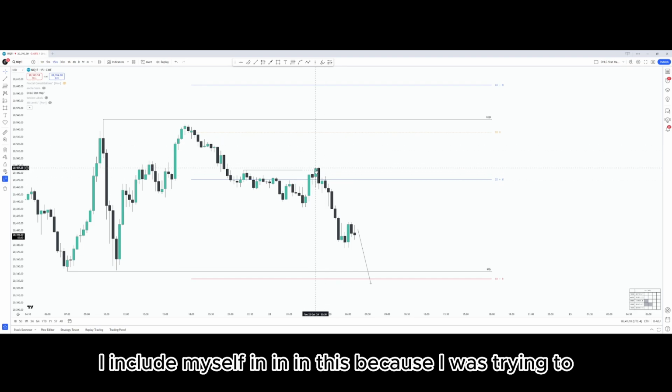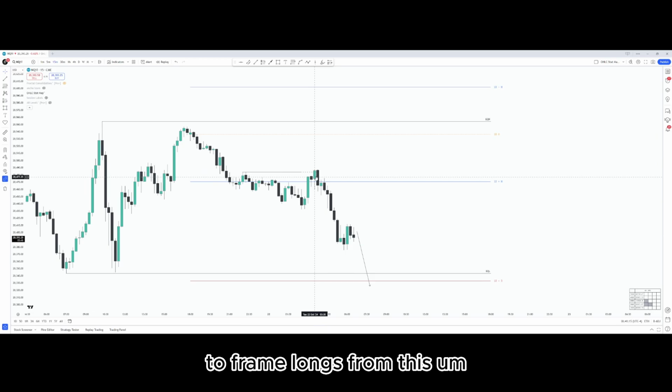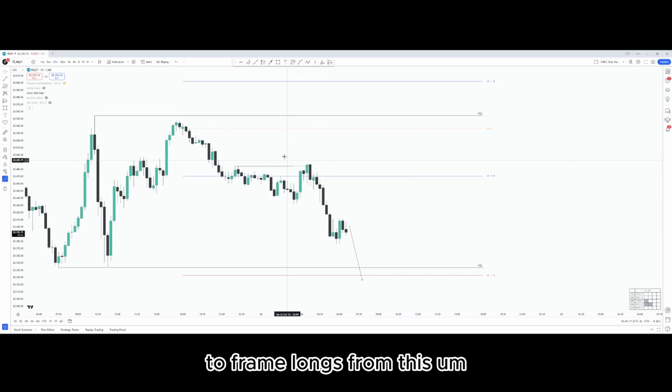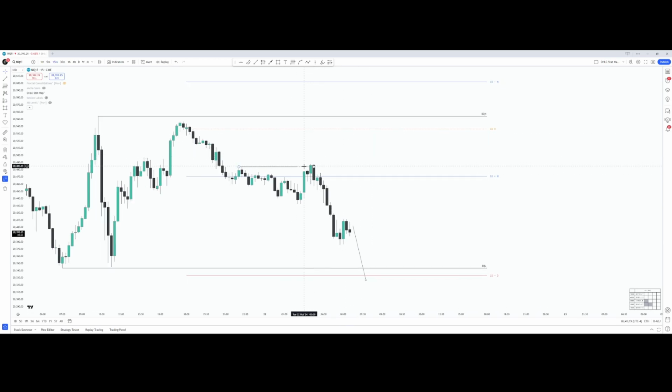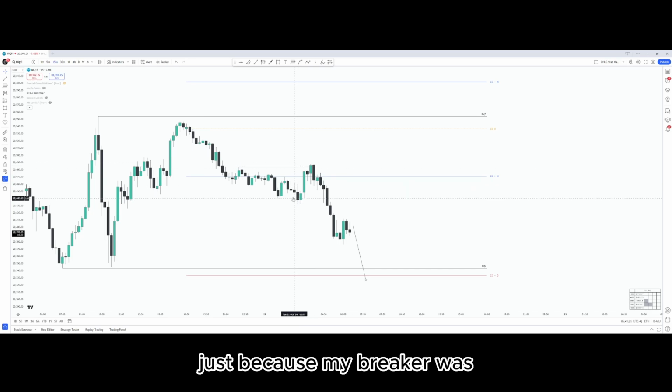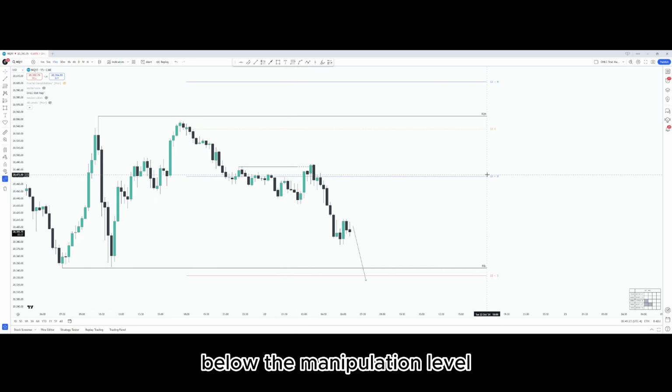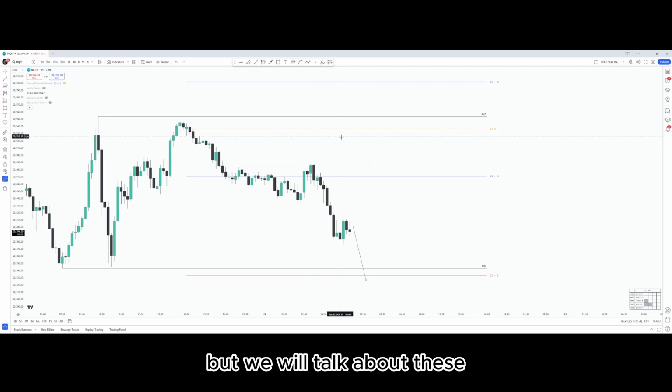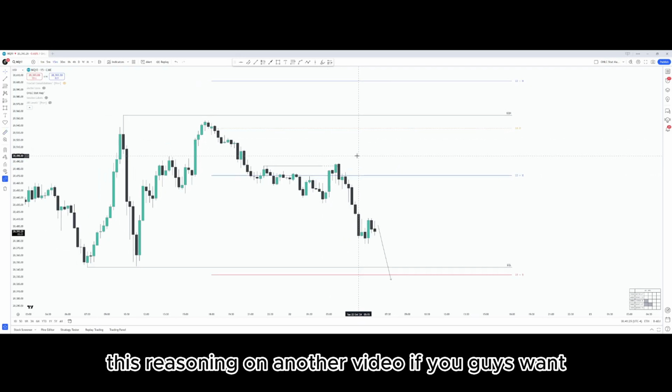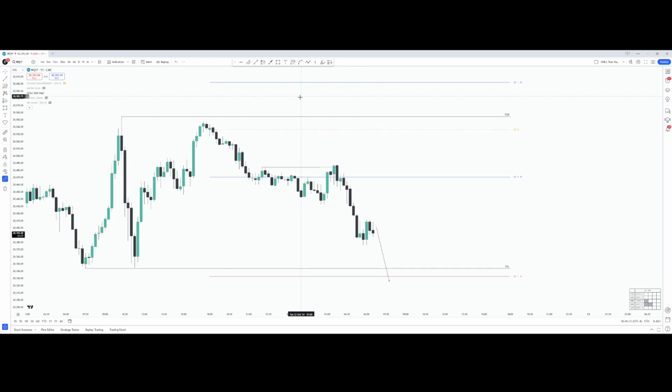I include myself in this because I was trying to frame longs from this, but I didn't take a trade just because my breaker was below the manipulation level. But we will talk about this reasoning in another video if you guys want.